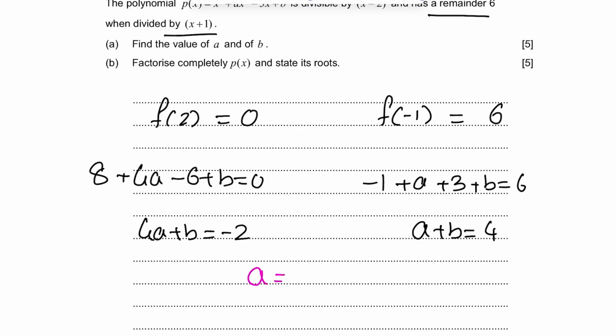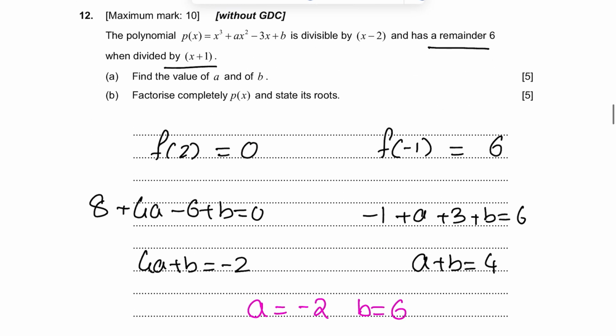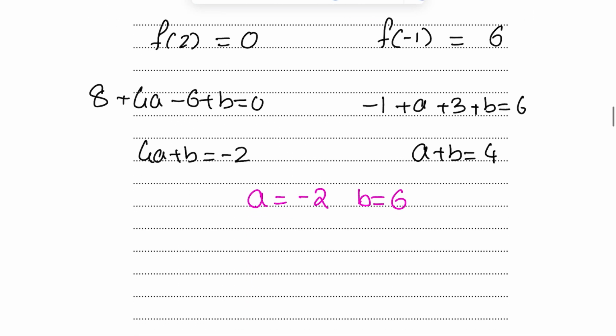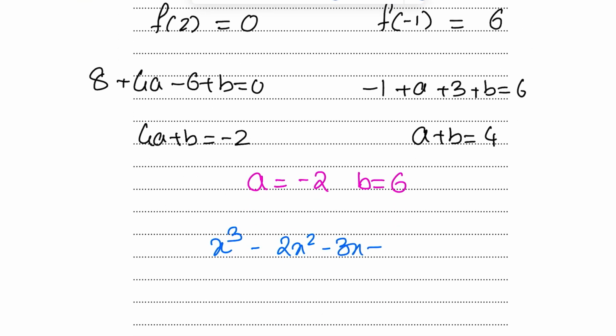So I'm directly writing it out. It should give you a as negative 2 and b as 6. Factorize p of x completely. Now we know that it is divisible by x minus 2. So my cubic equation will become x cubed minus 2x squared minus 3x plus 6.